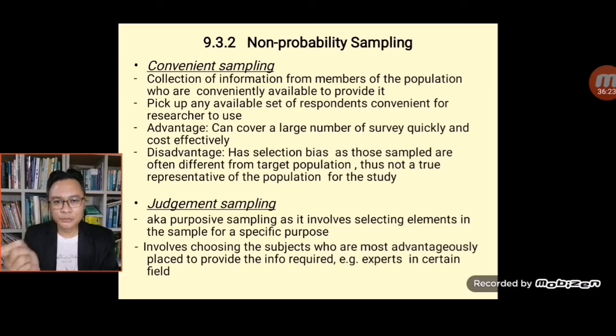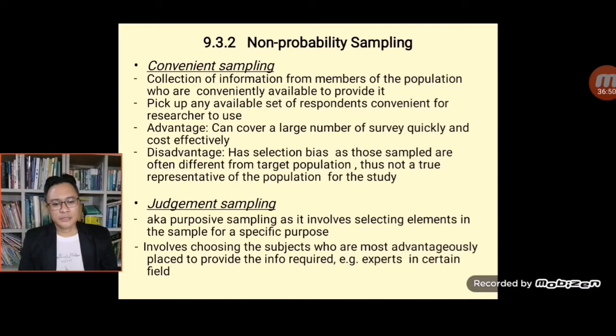Lepas tu cari orang yang you feel convenient. Tu namanya convenient, that you feel comfortable. Yang adik manis, yang tu you try to avoid. Yang tu lah, tu nama jadi bias. Makna kata you choose respondent who you feel comfortable. Tu sebab tu namanya the level of bias very high. Dah namanya convenient.